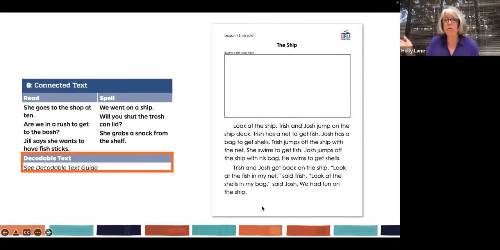The decodable passages are also all linked in the toolbox in the lesson material. So the same place you go to for the slide decks, right next to that is a decodable text that you can download.